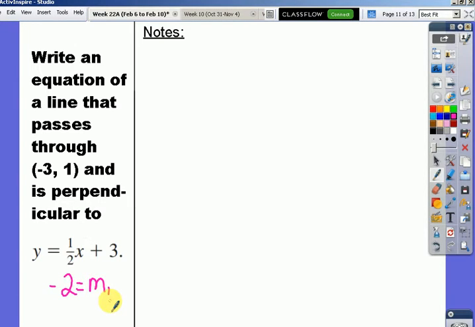Okay. Now we've seen questions like this before. Do you remember what to do to find the equation? Yeah, so we start with y equals mx plus b. What do I plug in for y? 1.